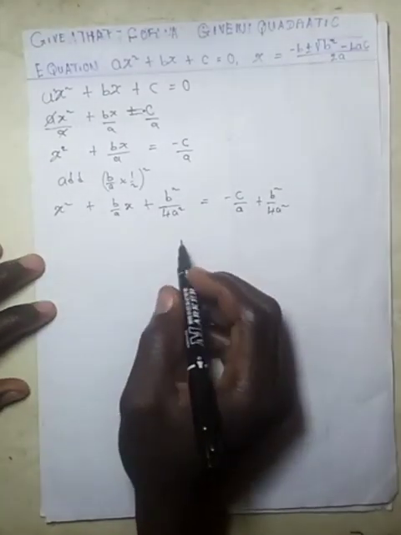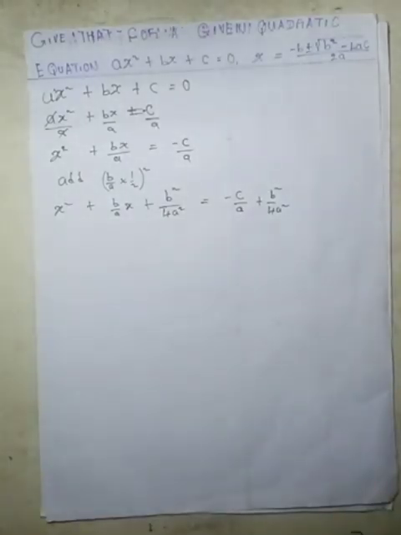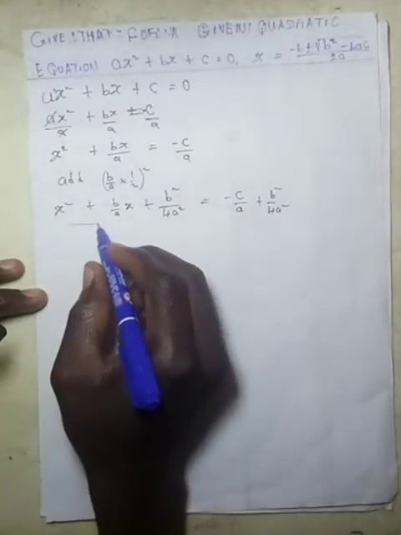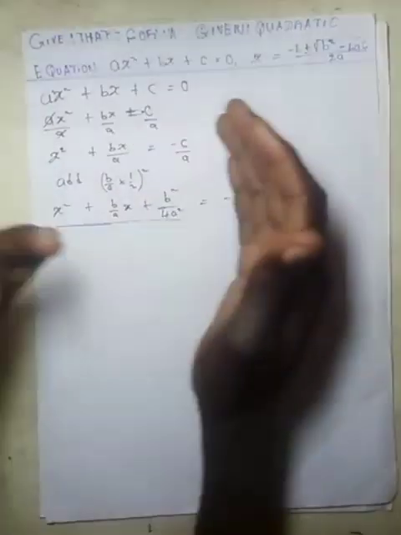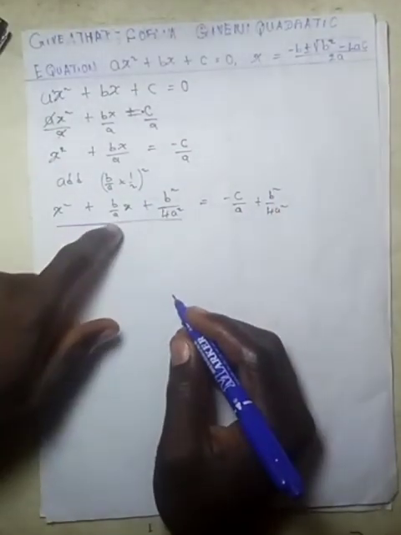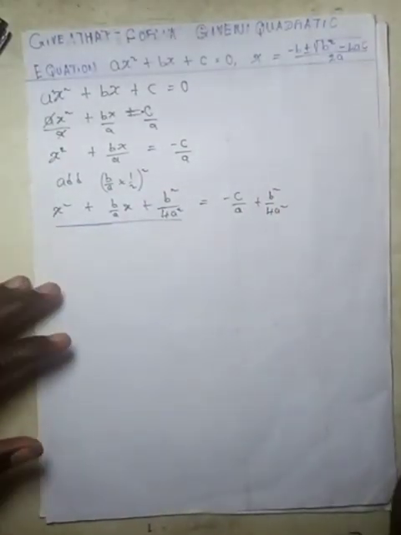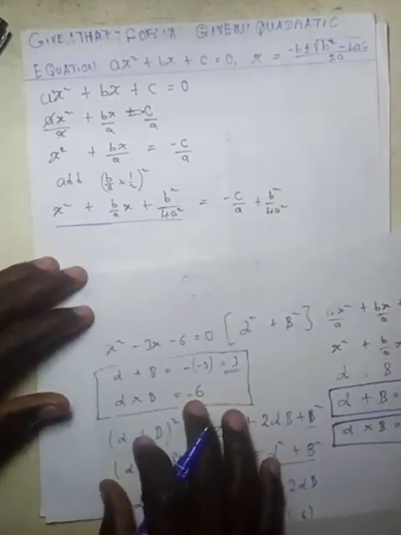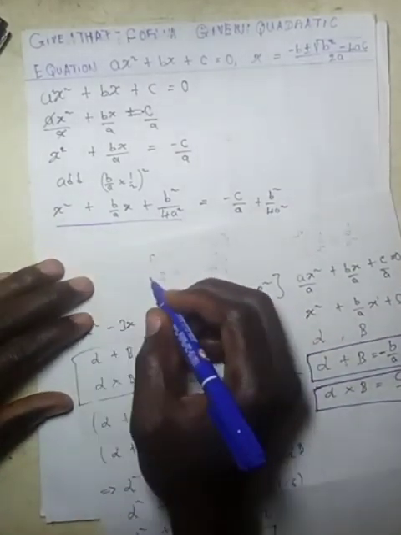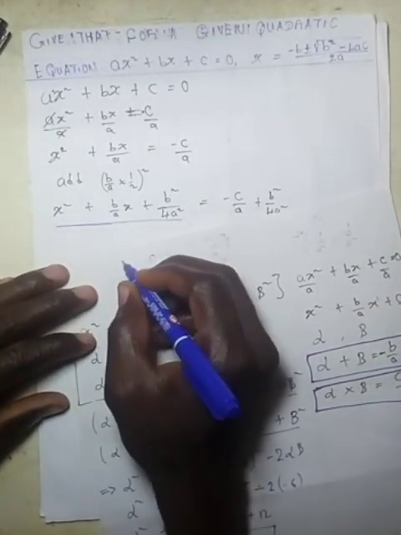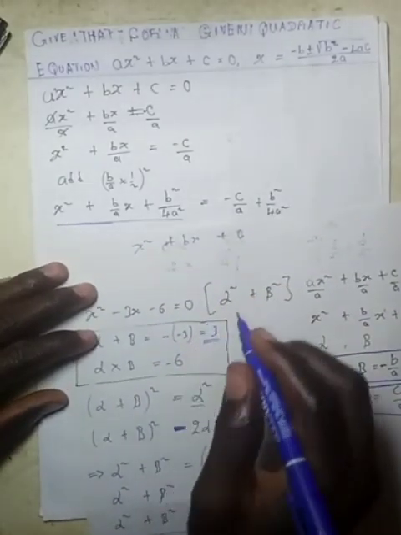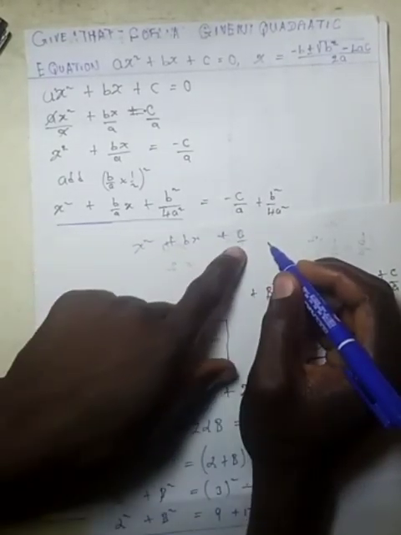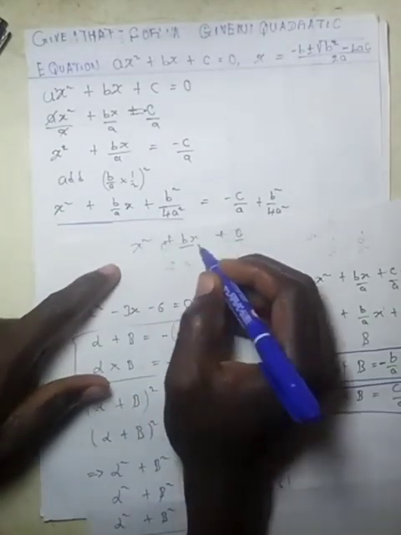Factorizing this. Now this side alone has given us a quadratic expression. Let's forget about the other side for now. How do we factorize this quadratic expression? Now, you know, when you have a quadratic equation of the form x squared plus bx plus c, we say that c represents the product of the roots, and b represents the sum of the roots.